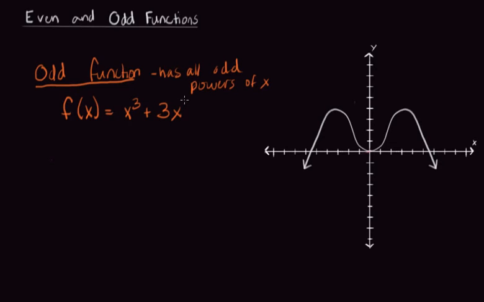Now you might be thinking, what's the power of x in 3x? Well, it's really x to the first. If we don't see it, it's really x to the first.